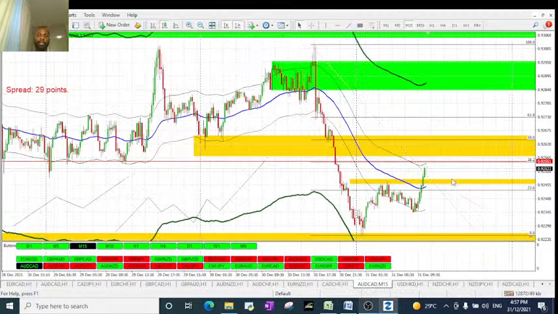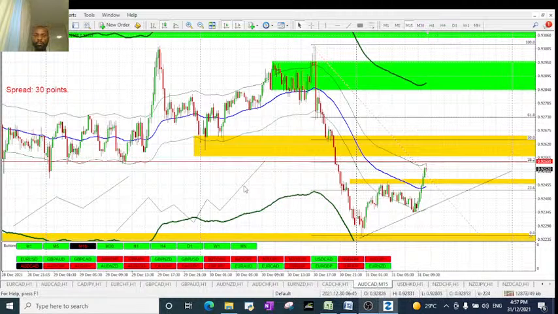When you look at the 15 minutes chart, you see we have a clear change of trend. So what you can do is simply wait for us to do something like this.